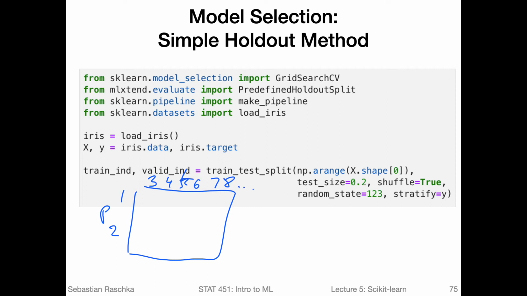And what grid search will do is simply iterate over all these hyperparameter combinations. So it would evaluate p equals 1 and k equals 3, and then p equals 2 and k equals 3, and so forth. It would consider all the possible combinations here.